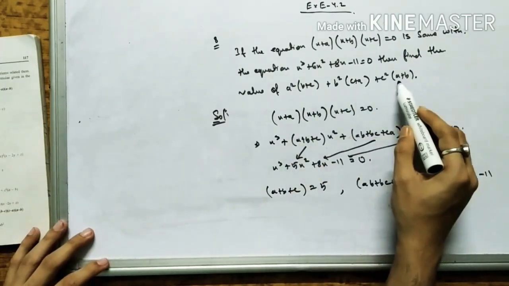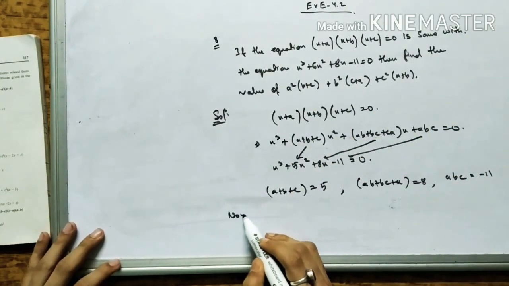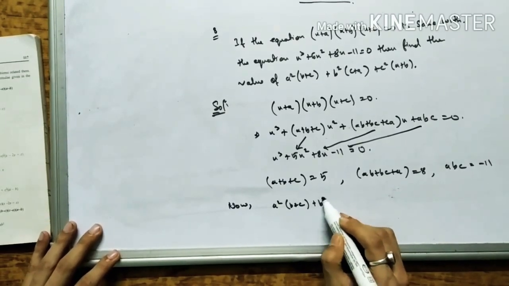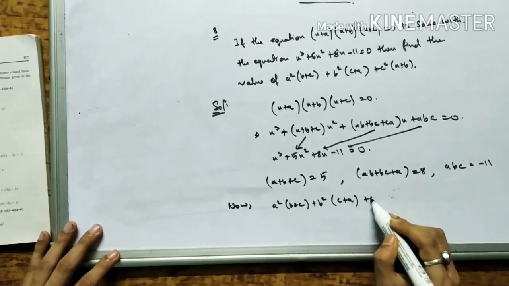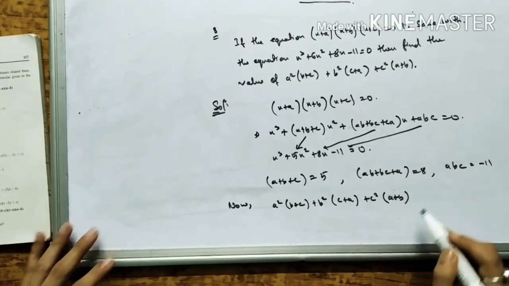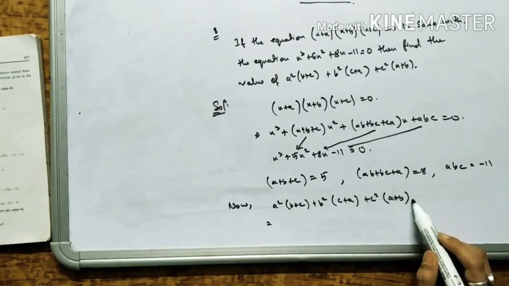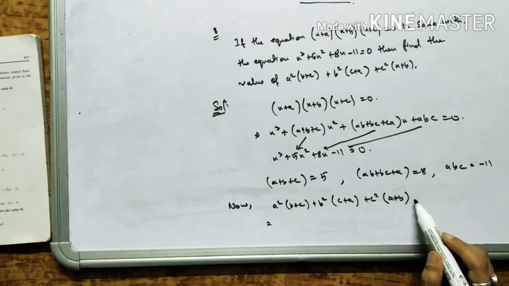Now find the value of this one: a square (b + c) plus b square (c + a) plus c square (a + b).